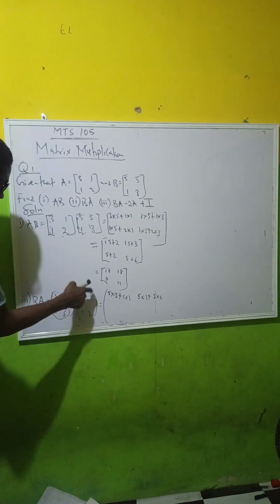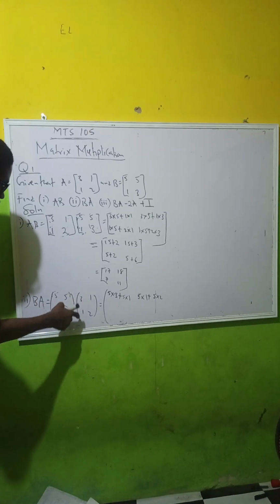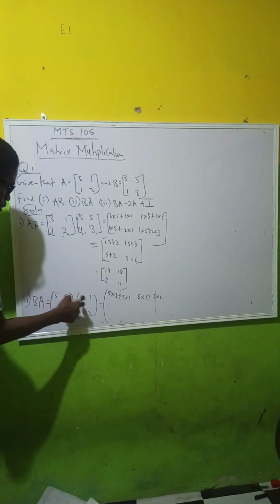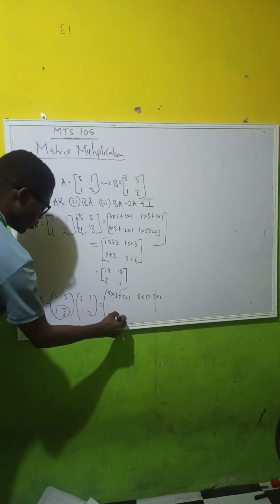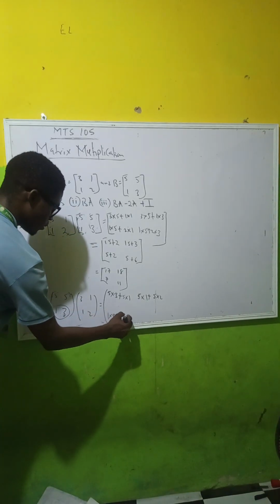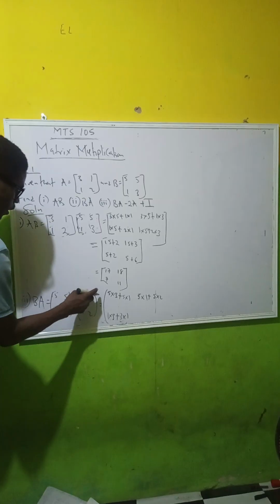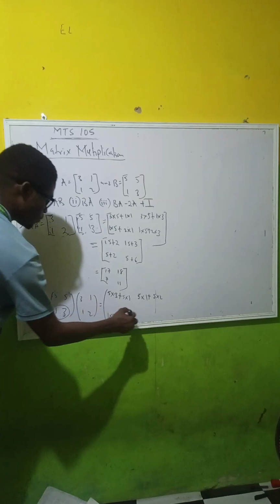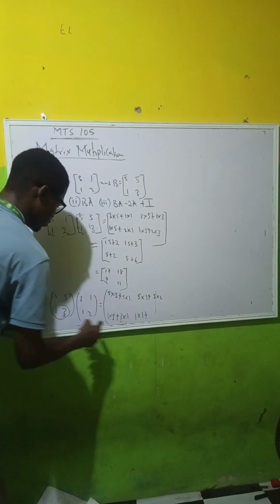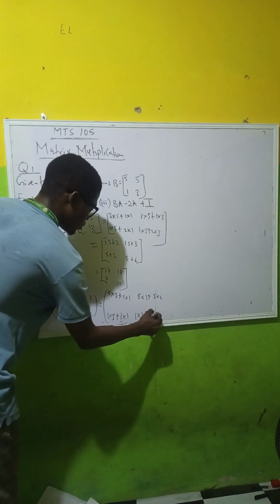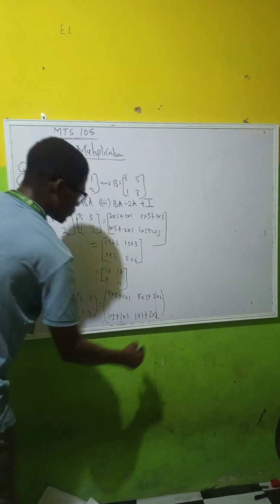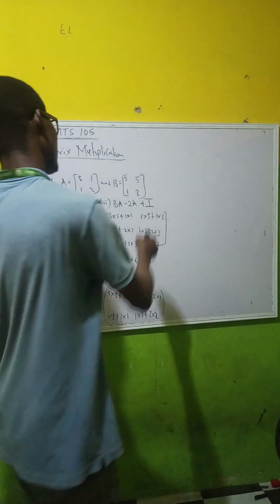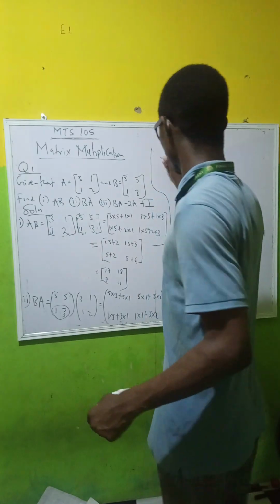Now the second row to multiply the whole of this. Let's start with the first column. 1 times 3 plus 3 times 1. Then let's go to the next column. 1 times 1 plus 3 times 2. Okay, we're almost done.